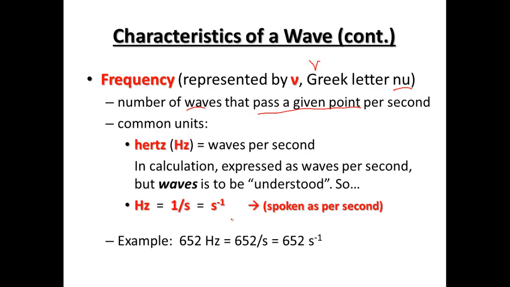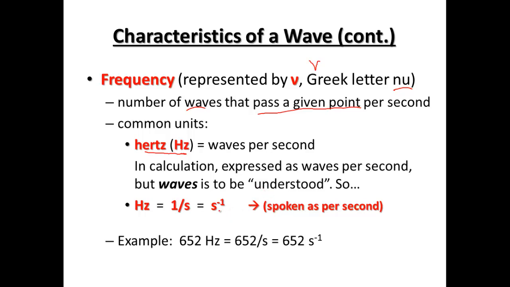And so nu is going to be our other term for frequency, the number of waves that pass in a given moment. And so per second, or hertz, is a common unit for this, known as waves per second. How many waves pass a point in a certain amount of time, that time being seconds. And as we're going, waves is to be understood, so we just know it as per seconds.